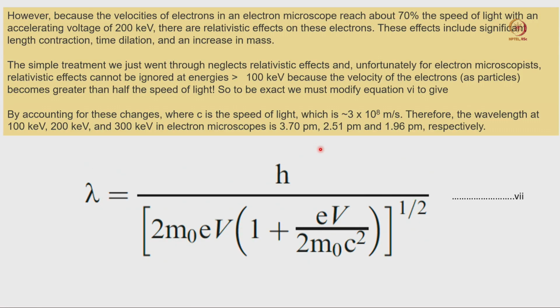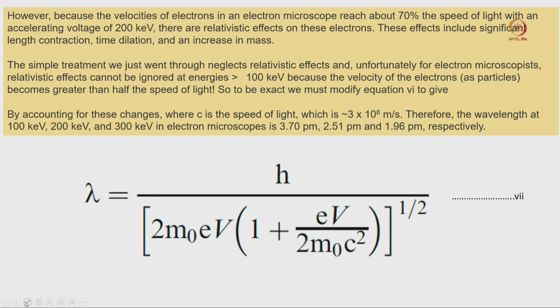And so that is the reason we always have to consider that relativistic effect, and the final equation we can get is lambda equals h by root of 2 m0 eV, because mass will be modified, into 1 plus eV by 2 m0 c squared, where c is the speed of light.